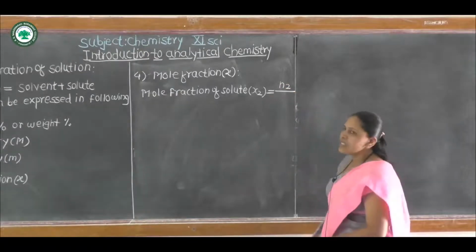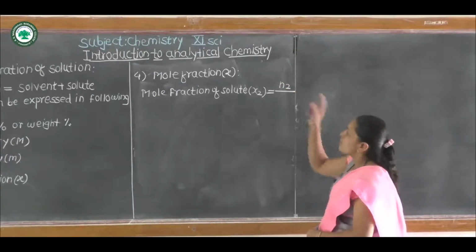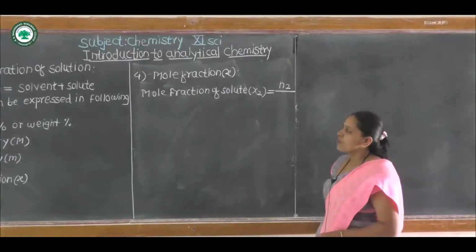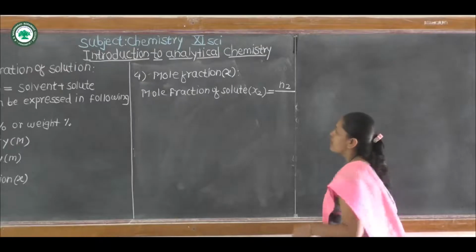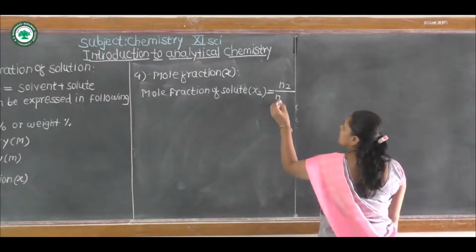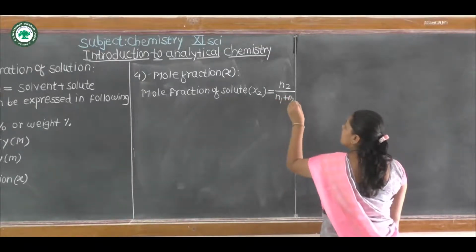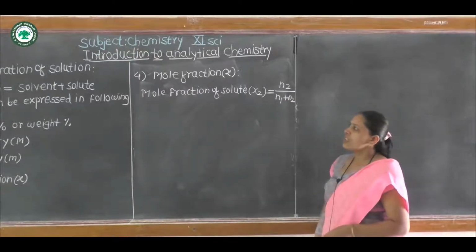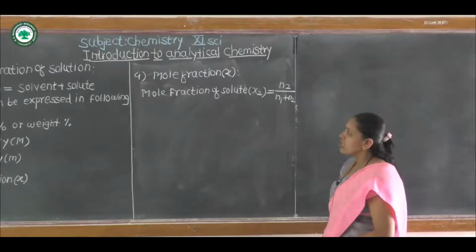Therefore, it is the ratio of number of moles of solute divided by the total number of moles of solute and solvent, that is N1 plus N2. By using this formula, we can calculate mole fraction of solute.